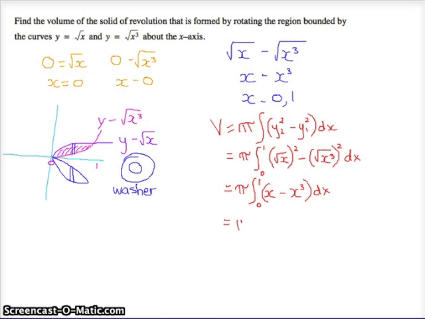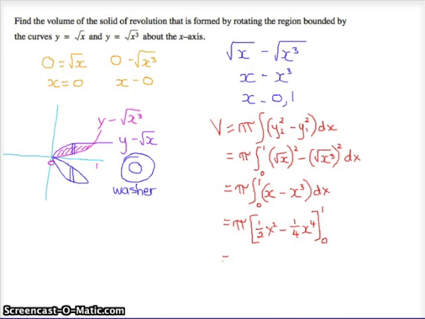So still we keep pi out on the outside, so it's just a constant. And now we need to integrate x. It's going to be a half x squared. And minus x cubed is going to become a quarter x to the power 4. Square brackets, and we're doing this between 0 and 1.